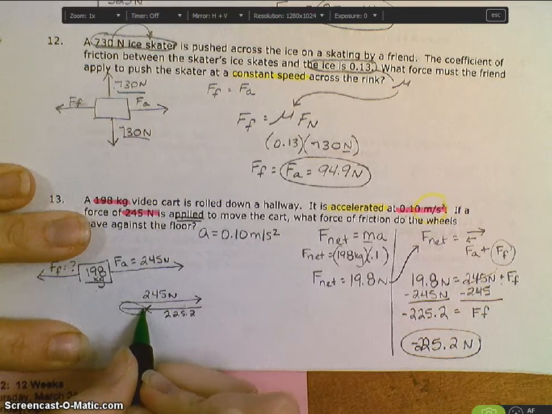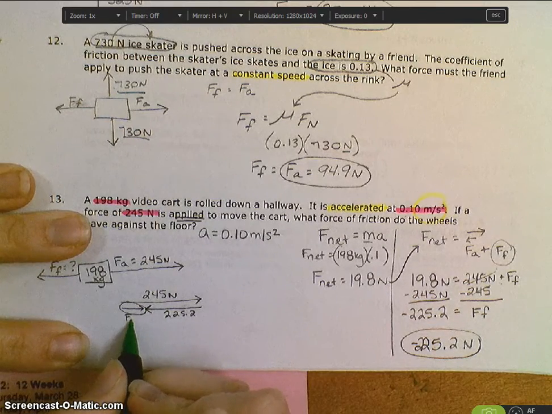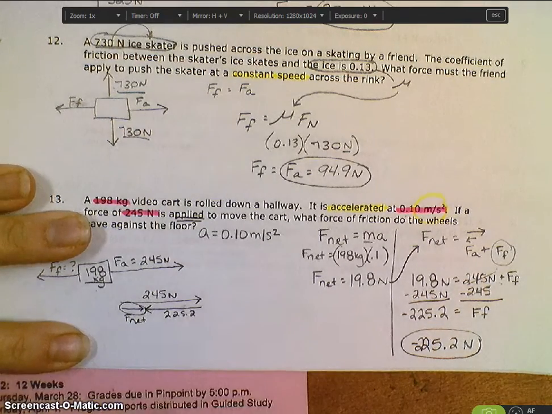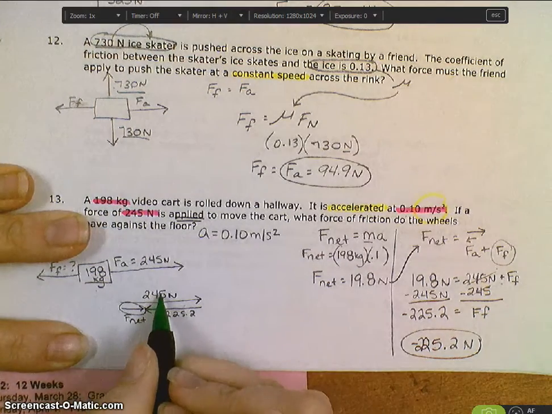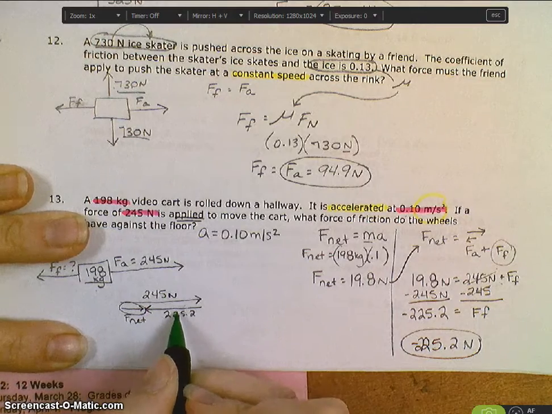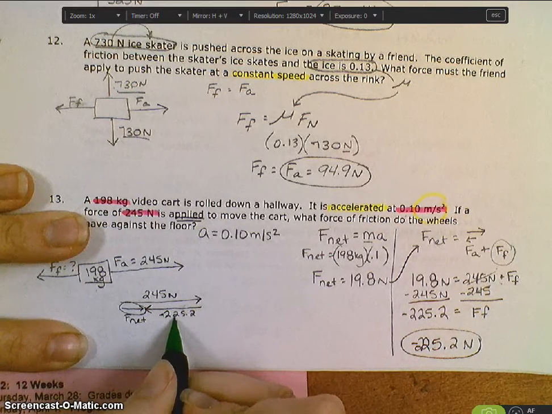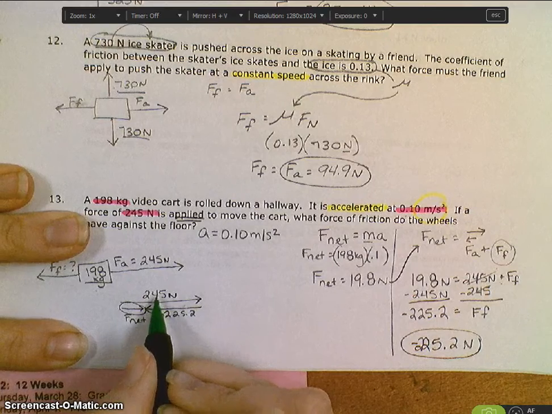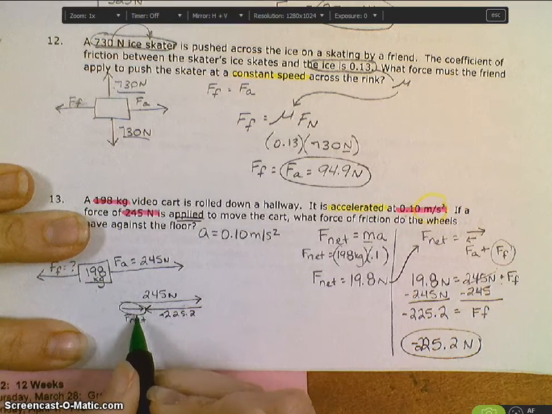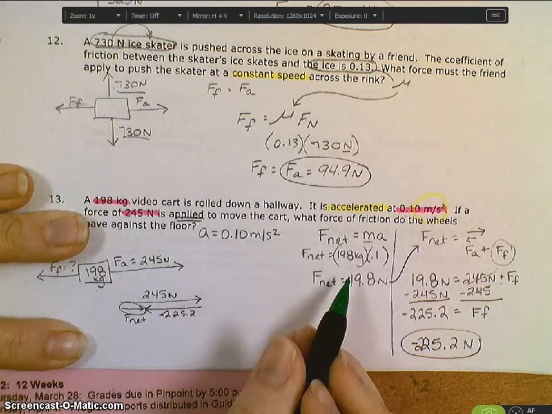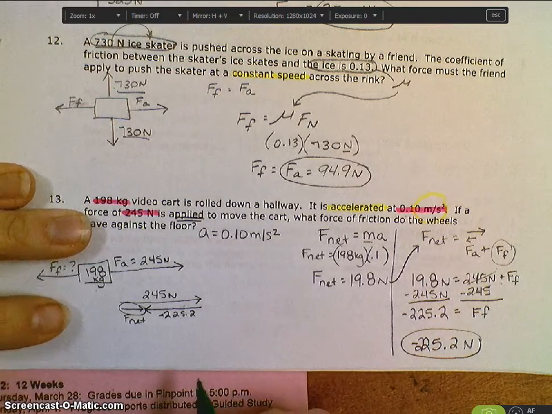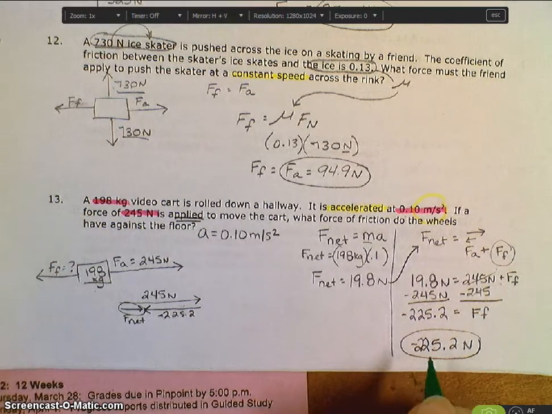That blank is filled up by F net. That's what we get when we put them both together. So if I look at this picture, this makes sense. 245, negative, remember, is just a direction. So it's a pretty big negative force, a pretty big applied force, but applied is a little bigger, meaning that our net force comes out to be about 19.8. So here's your answer for that first one.